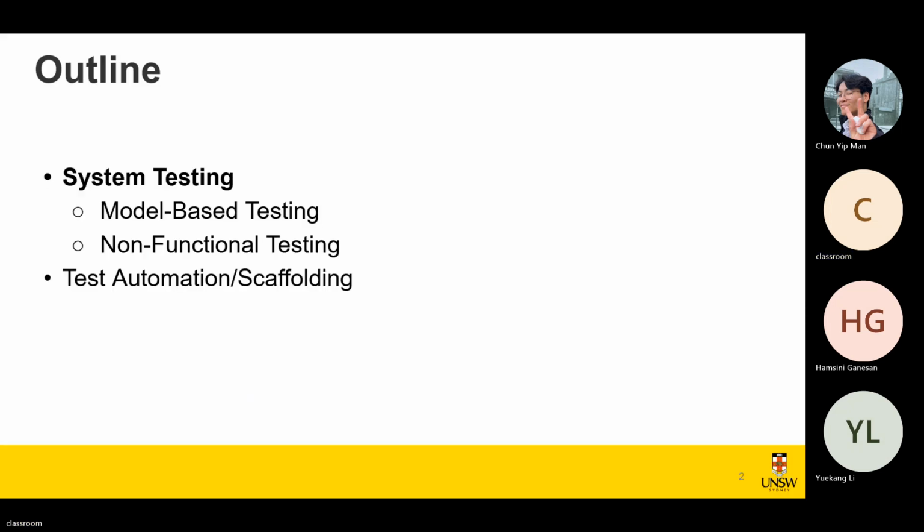In our last lecture, we learned two levels of testing, unit testing and integration testing. Today we are going to learn the third level of testing, which is system testing. And after that, we are going to learn some test automation techniques, which could be useful in practice, and it will be covered by assignment 2 as well.